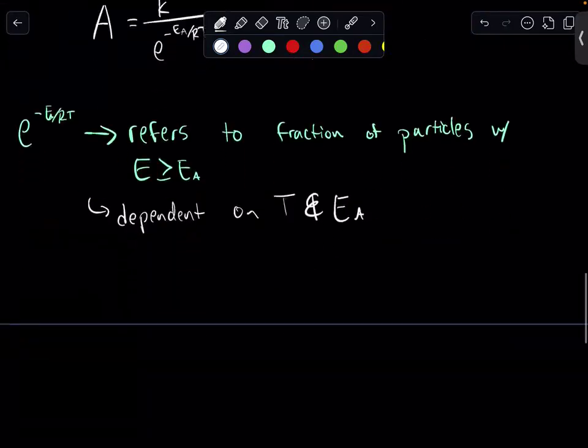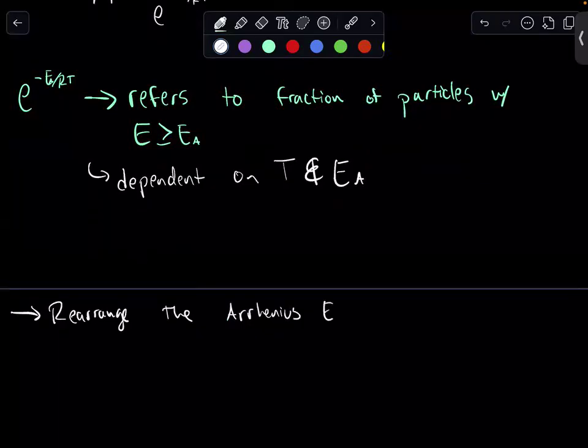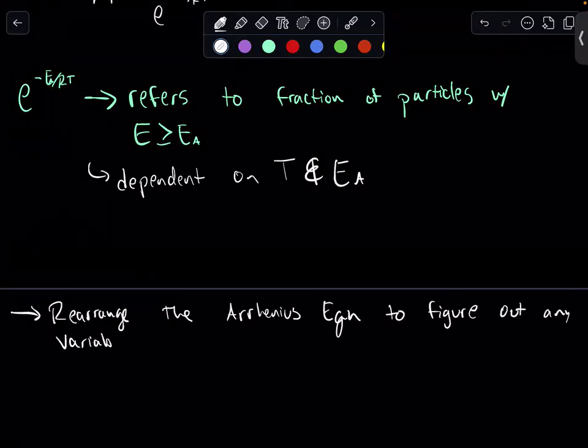So now that we have an equation, we can do something quite wonderful. We can rearrange the Arrhenius equation to figure out any variable value given other values. So this can help us solve for pretty much everything in our equation.